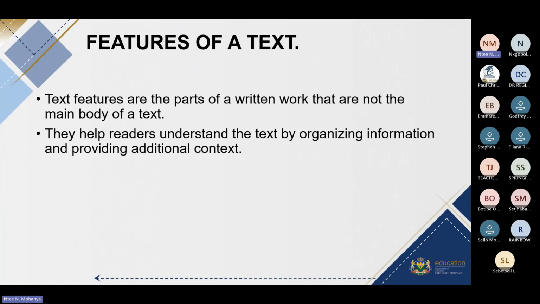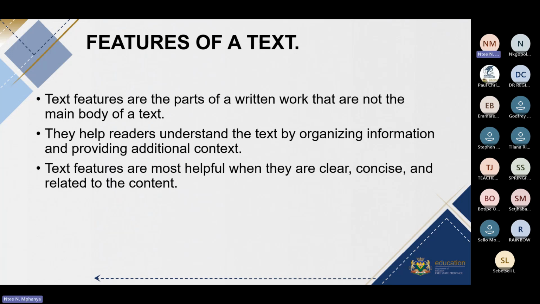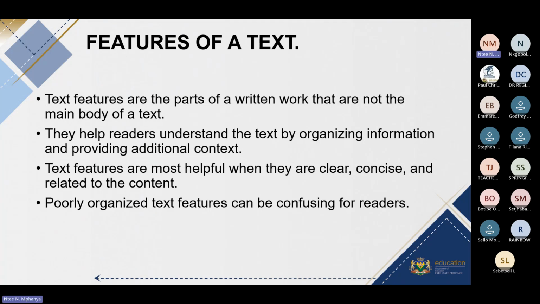They help readers understand the text by organizing information and providing additional context. Text features are most helpful when they are clear, concise, and related to the content. They must be related to the content. Poorly organized text features can be confusing for readers.